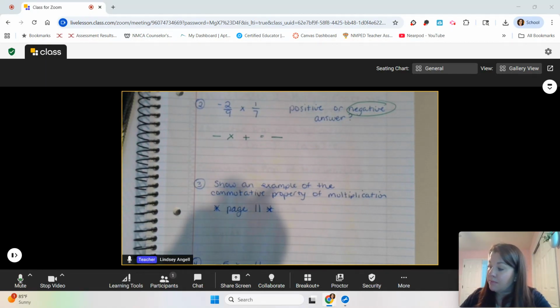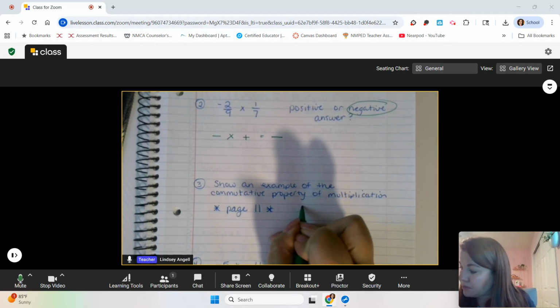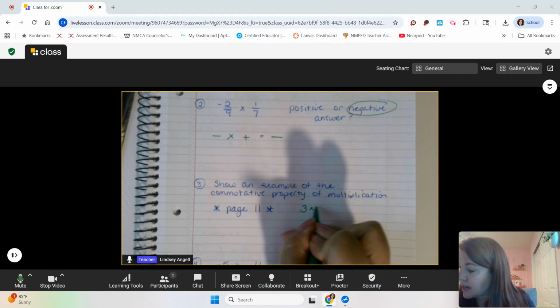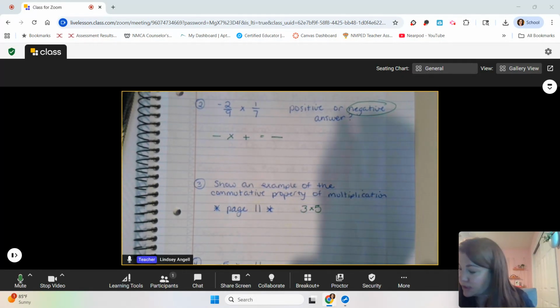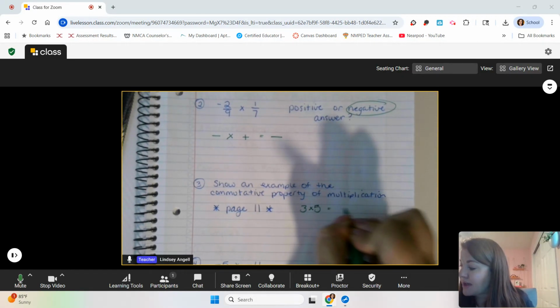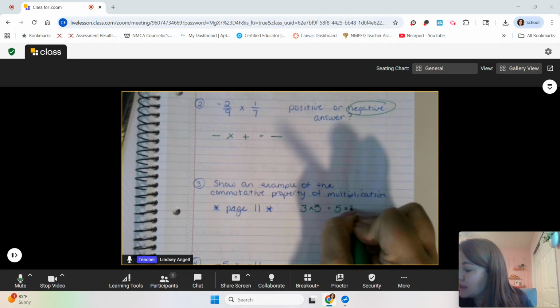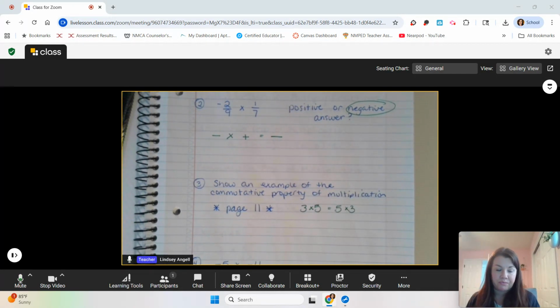Commutative property means that the order that you multiply in doesn't matter. So an example could be 3 times 5. I don't know why those are my numbers of choice today, but 3 times 5 is the same thing as 5 times 3.